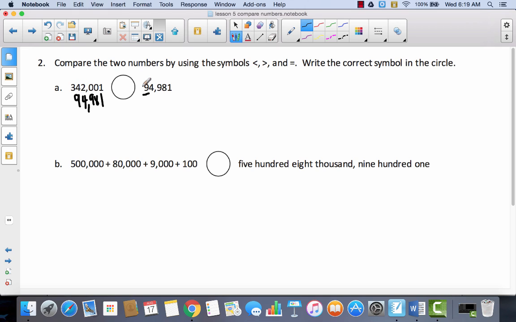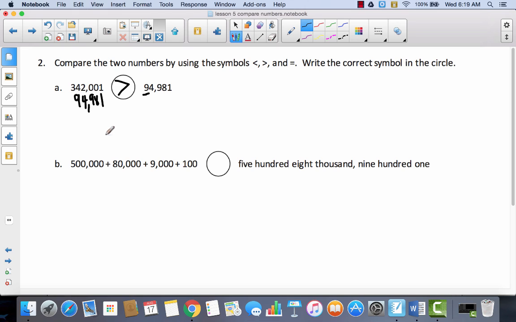And 100,000s are greater than 10,000s. Therefore, even though 3 is less than 9, this number actually is greater, because this is 300,000 and this is only 90,000. Okay?